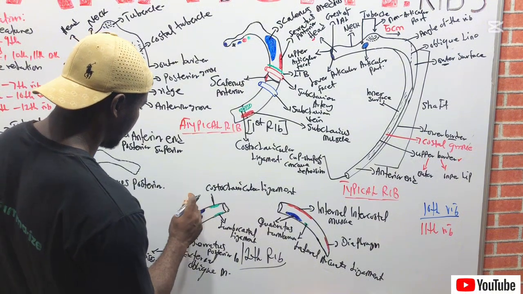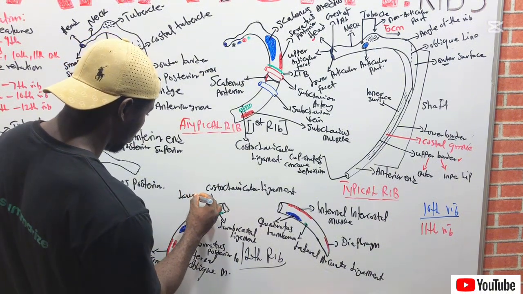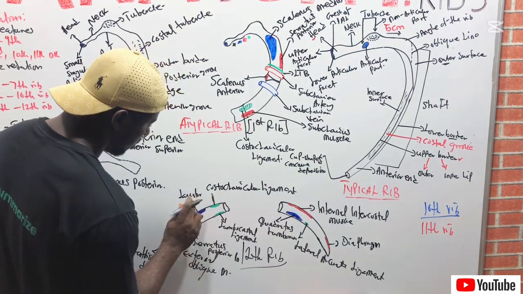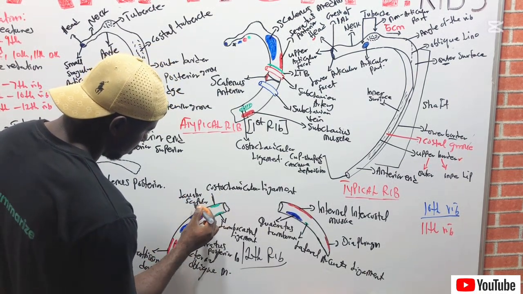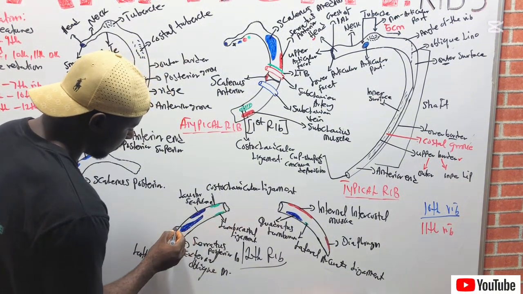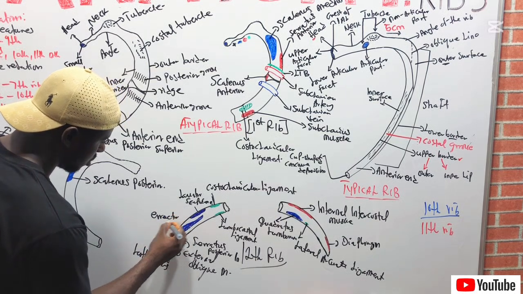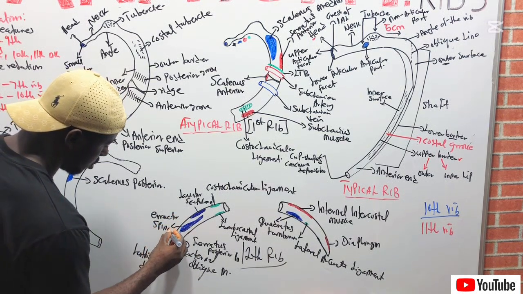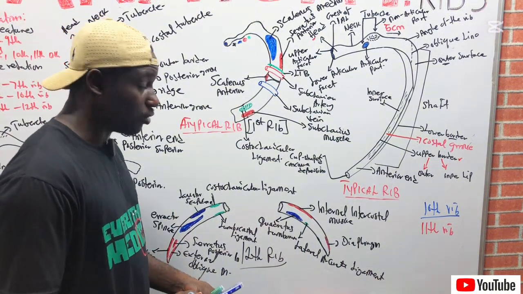Erector spinae. Levator scapulae. This is erector spinae. So these are the structures that attach on the 12th rib.